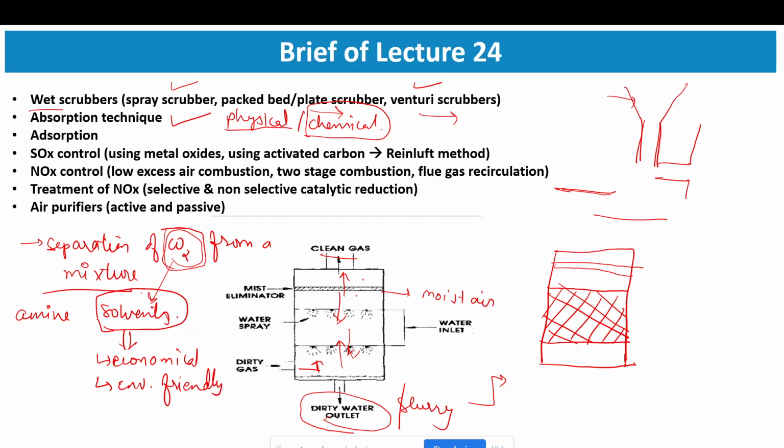You regenerate the solvent by heating it, because gases are less soluble in liquids at higher temperature. So you increase the temperature and release the CO2, and that will be collected to give pure CO2.